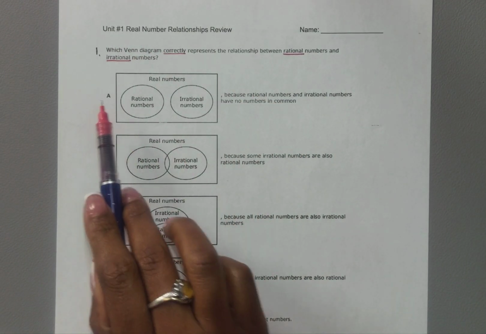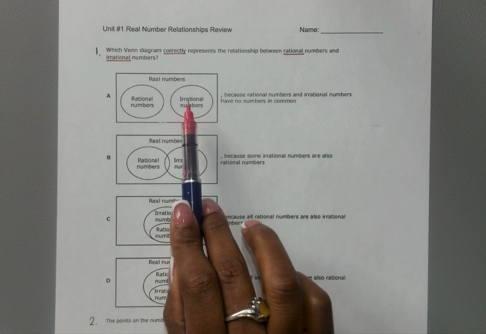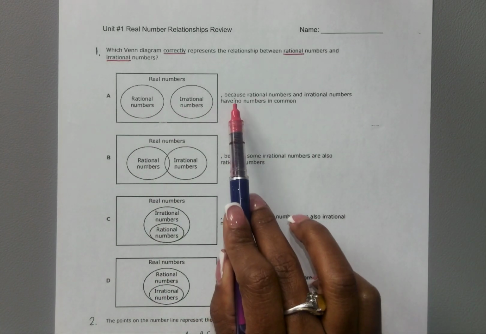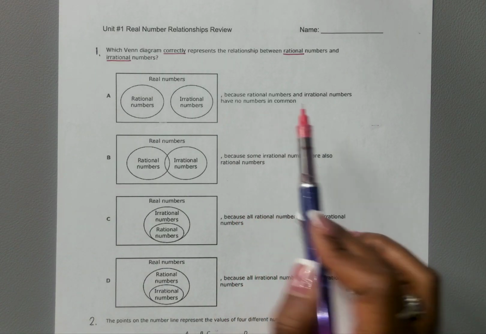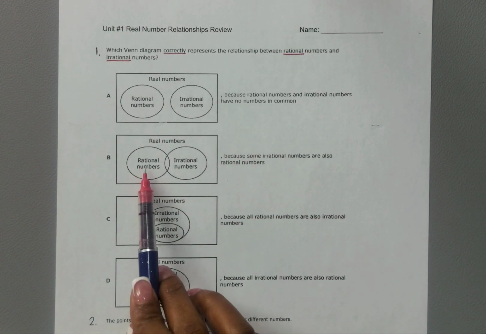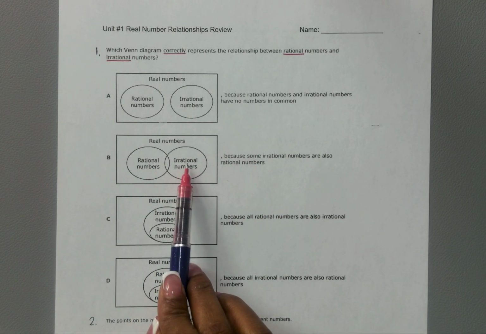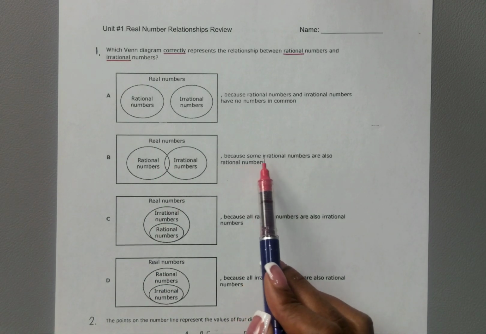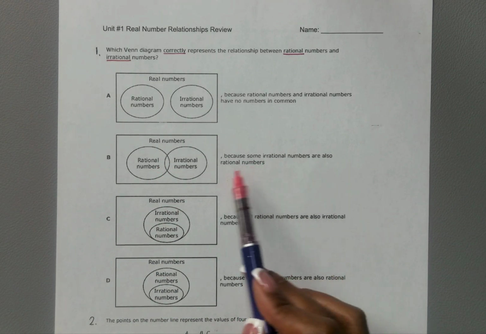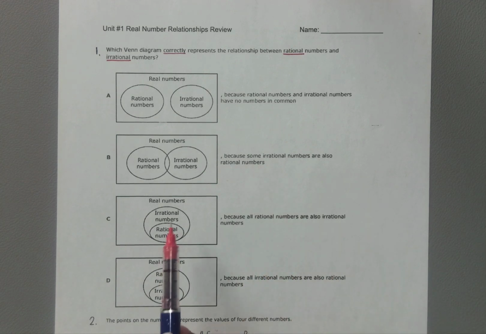So when I look at A, we have rational and irrational numbers separate because rational numbers and irrational numbers have no numbers in common. B, where we have rational numbers and irrational numbers slightly mixed because some irrational numbers are also rational numbers.